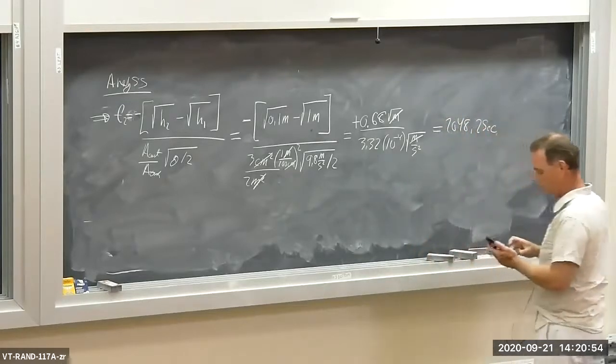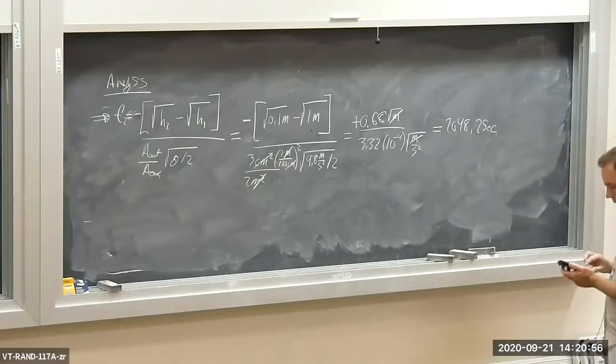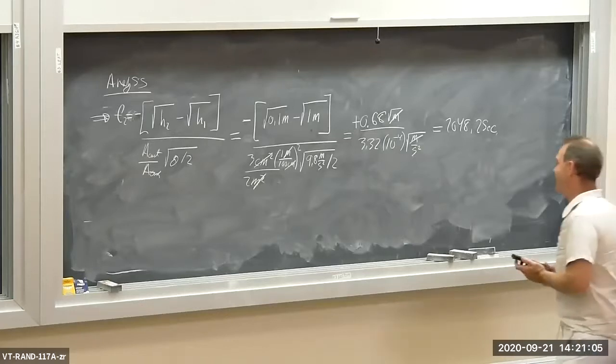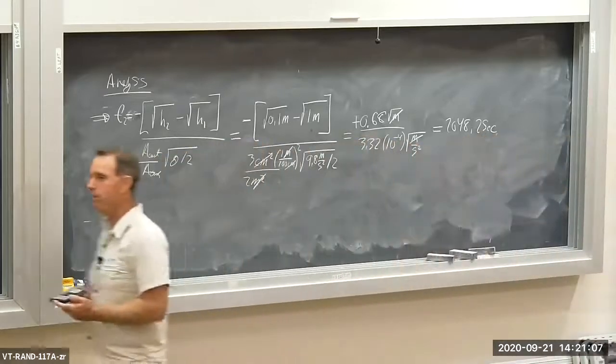Let's just make sure that's right here. 0.68 divided by 3.32, yeah, times 10,000. That should be fine.